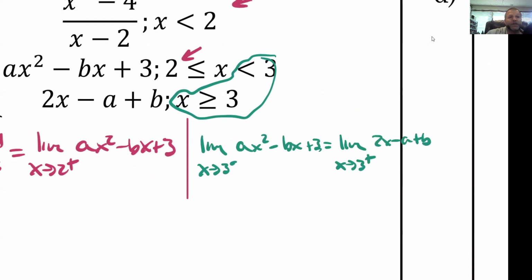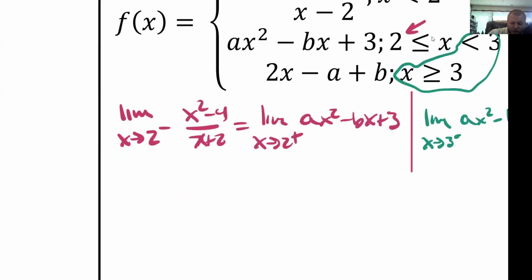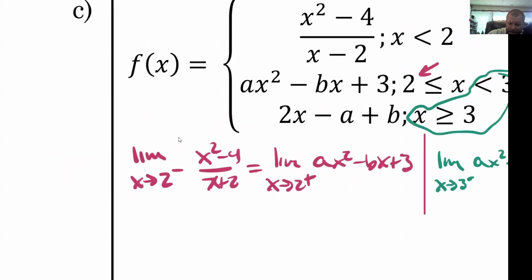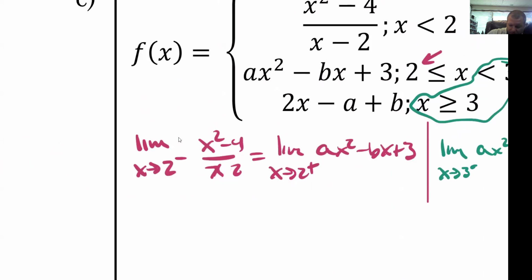b. Right, so in this first one, one quick thing, we can't just plug in 2, because that would give us a 0 in the bottom. But I can factor this numerator into x plus 2 and x minus 2. That x minus 2 cancels.